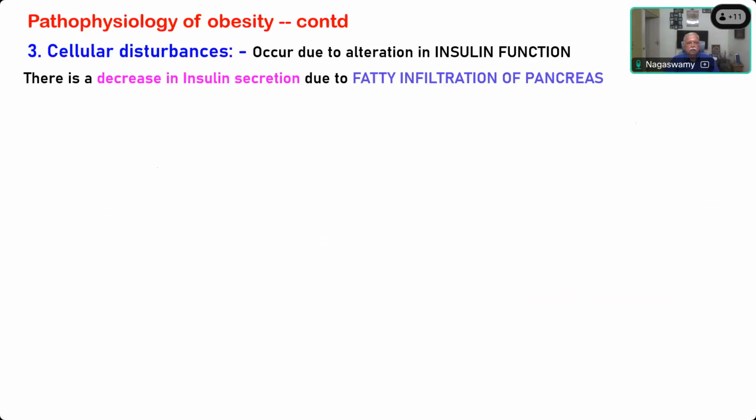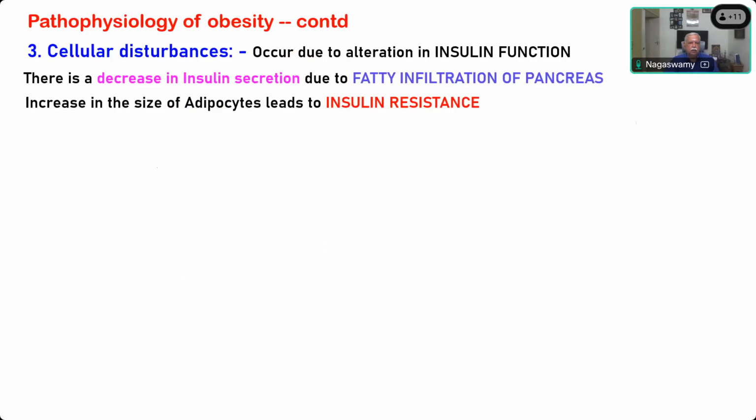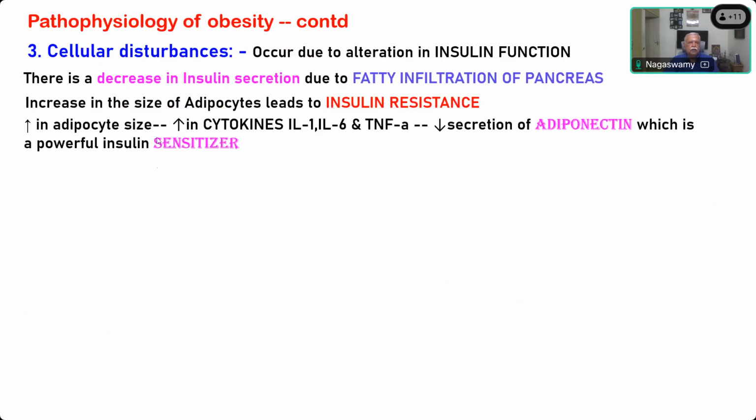And cellular disturbances: what happens is it alters the insulin function. So there is insulin secretion reduction because of fatty infiltration, but more than that, the first thing that happens in them is insulin resistance. So the increase in adipocyte size causes increased cytokine release, interleukin 6, tumor necrosis factor alpha, and also it decreases the secretion of a hormone called adiponectin.